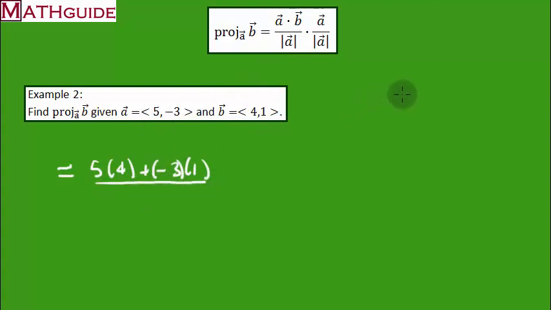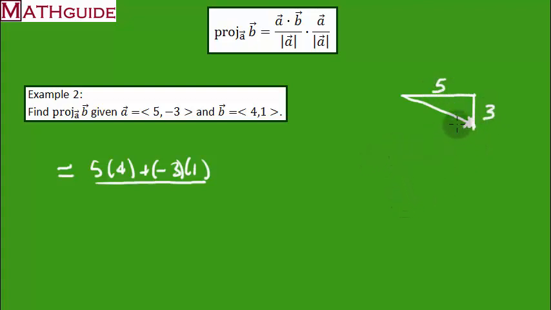So vector A goes 5 to the right, and it goes 3 down. So I'm trying to find this vector. That was 5 to the right, 3 down.